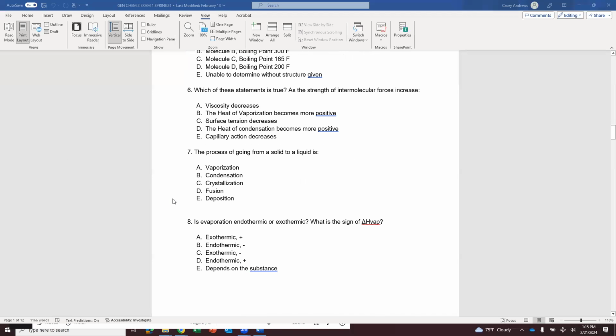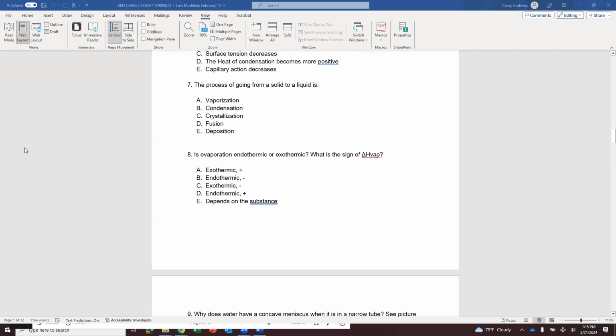Let's go on to question 7. The process of going from a solid to a liquid, we call that fusion. Is evaporation endothermic or exothermic? When I'm going from a liquid to a gas, I have to put energy in to do that, just like boiling water on the stove.